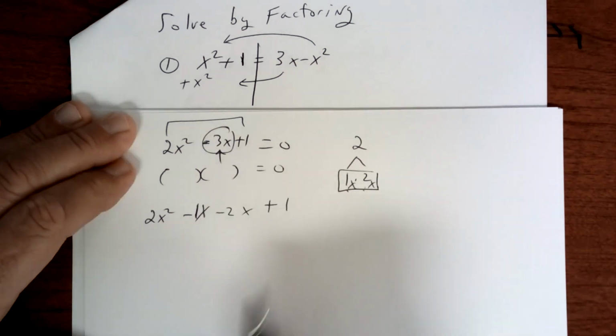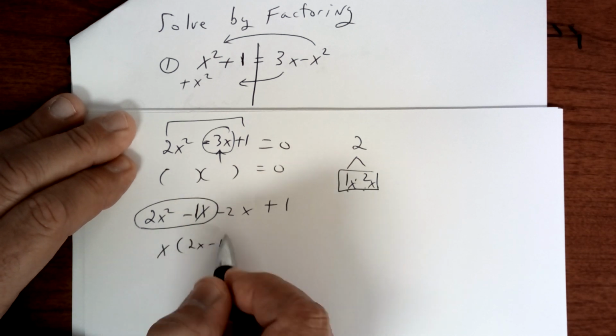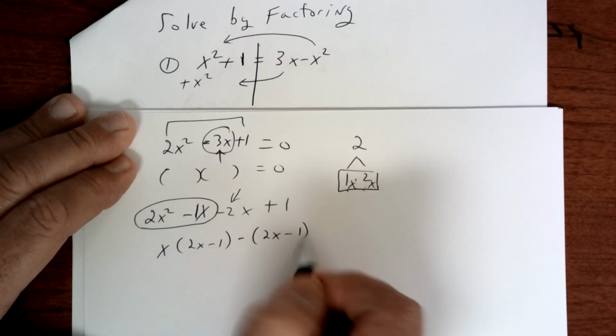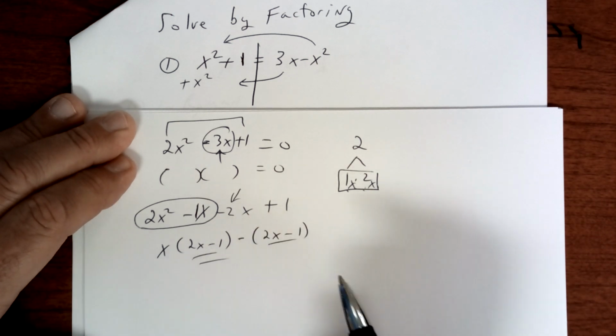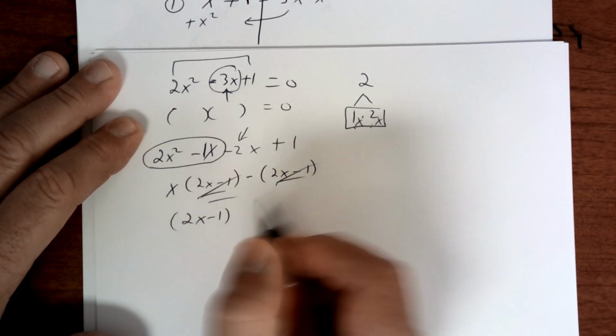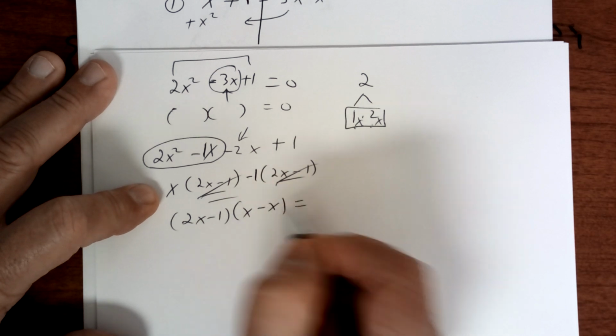Then you're going to factor out an x, so you're left with x and then 2x minus 1. You're going to factor out a negative here, and you're left with 2x minus 1. Now you have 2x minus 1 on both of these, so you're going to take out a 2x minus 1, and when you do, you're left with x minus 1. There it is, and that's how you factor it.